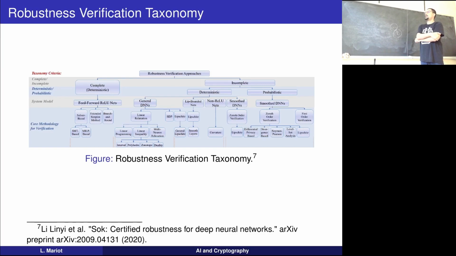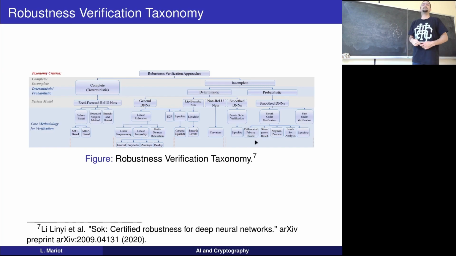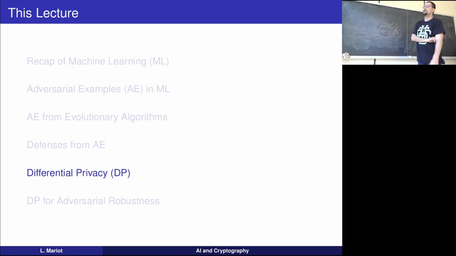In particular, what we are going to focus on is this small square that you see on the bottom right, which are the robustness verification approaches based on differential privacy. Because differential privacy, in all this, is the only technique that comes from cryptography, and this is, of course, about artificial intelligence and cryptography in general. So let's move now to differential privacy.